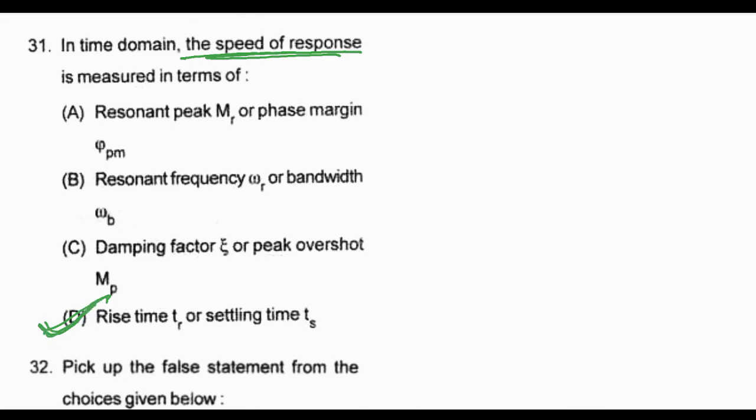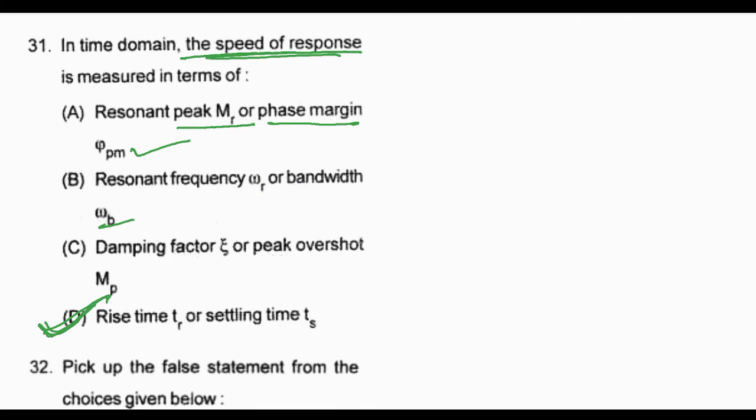Here resonant peak Mr or phase margin are not considered for the speed, because these are related to resonance, and phase margin is never considered for speed. Next, resonant frequency and bandwidth: bandwidth shows the sharpness, not the speed.